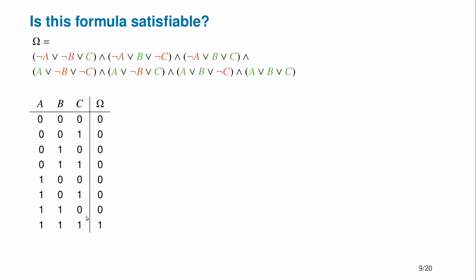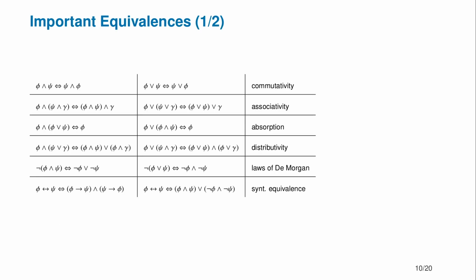This means that every clause, I now call disjunctions clauses, contains at least one variable that is not negated. Here we have the C, here we have the B, we have B and C here, we have an A here, here we have an A, we have A B here, and we have B C here. Okay, so this formula is satisfiable.